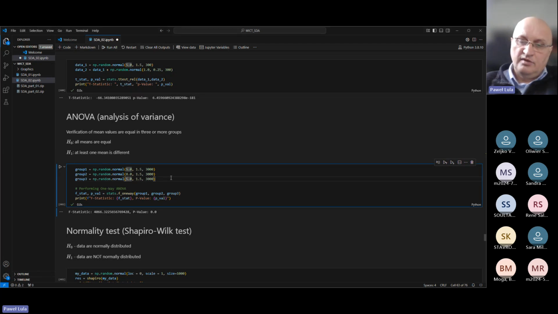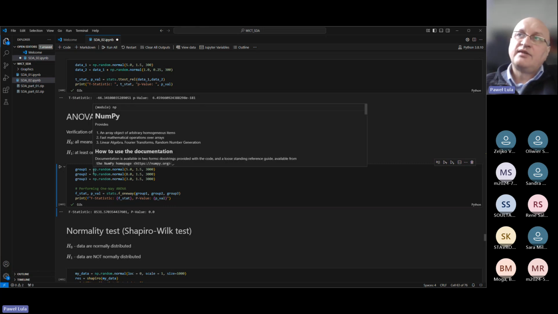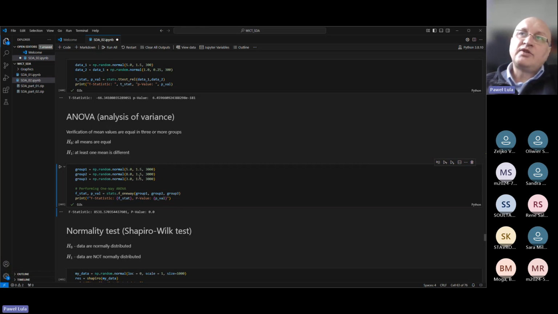Of course, I can change also this value. And also we see that these three data sets do not confirm this hypothesis that the mean value in every country is equal to values in other countries.